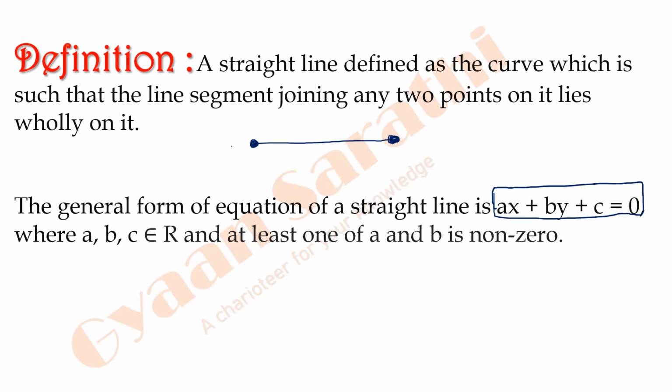If a comma b both are 0, then we get c is equal to 0. Okay, so this does not represent a straight line.